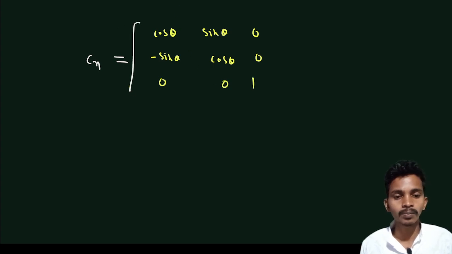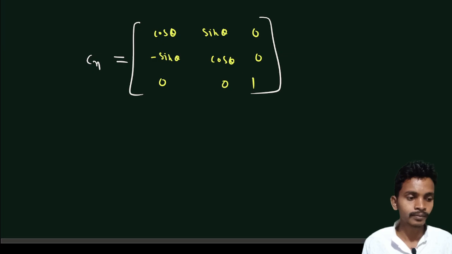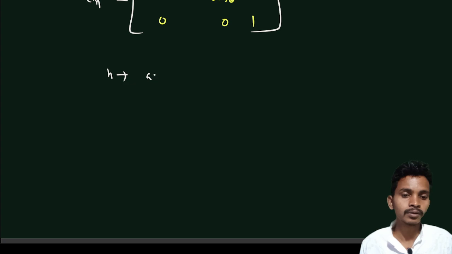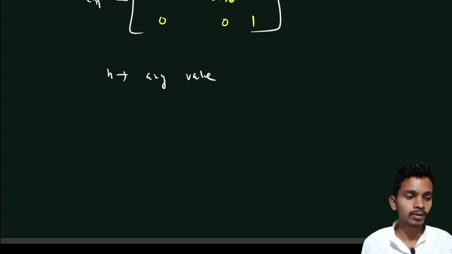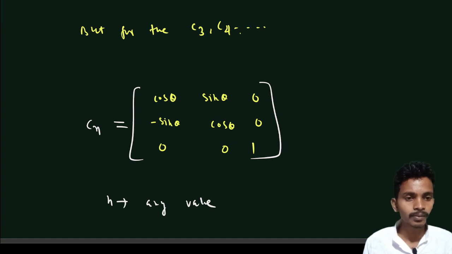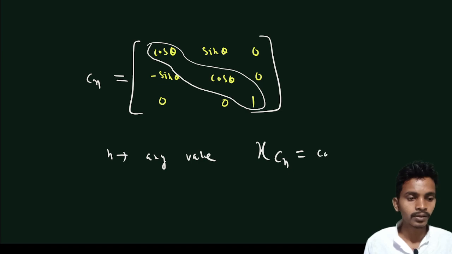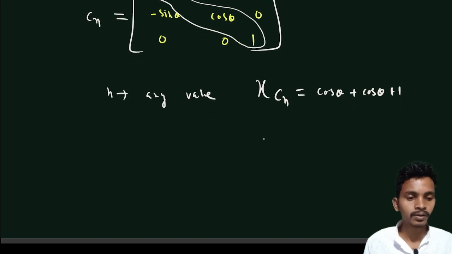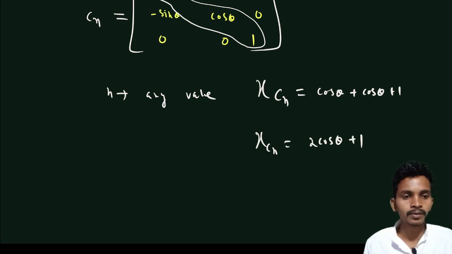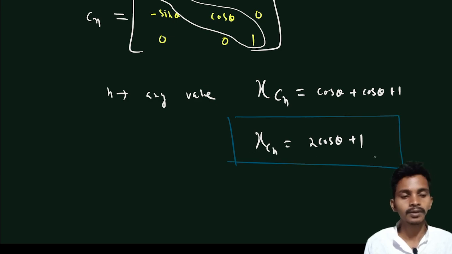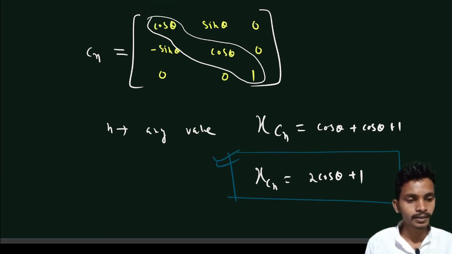This is correct for all Cn axes, and n can be any value. The character will be the sum of the diagonals, so the character for any Cn axis will be cos theta plus cos theta plus 1, that is 2 cos theta plus 1.